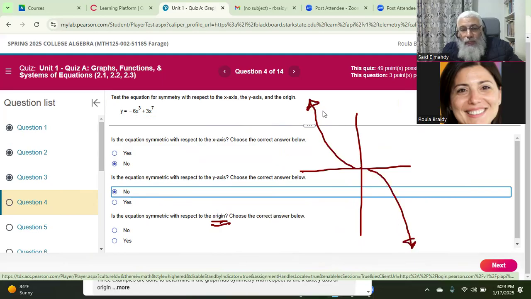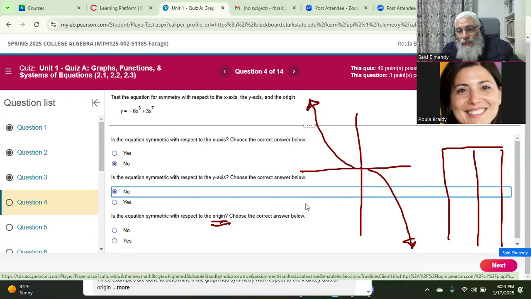This function we need to make a table and see how it is going. x, y.